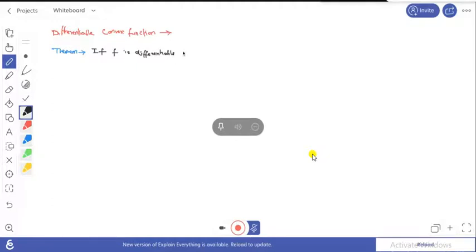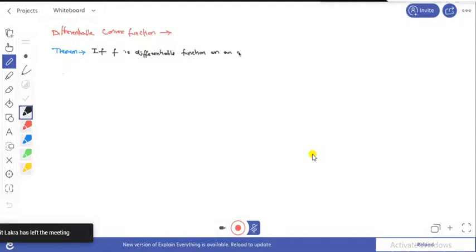Okay, so this is a differentiable function on an open set, that is of course a convex set. Of course, that set is convex.